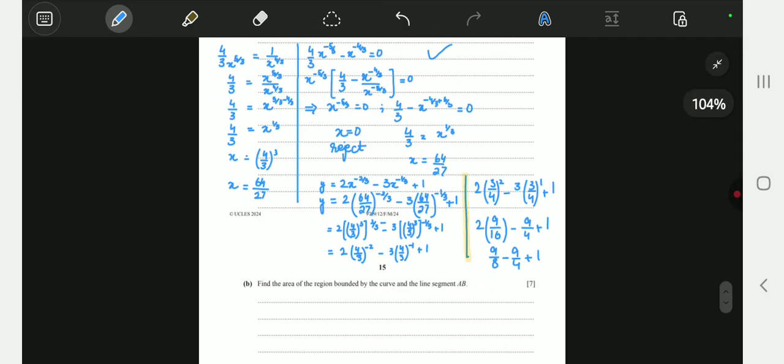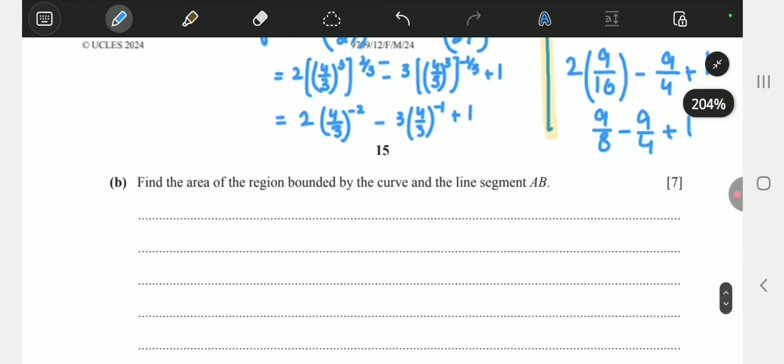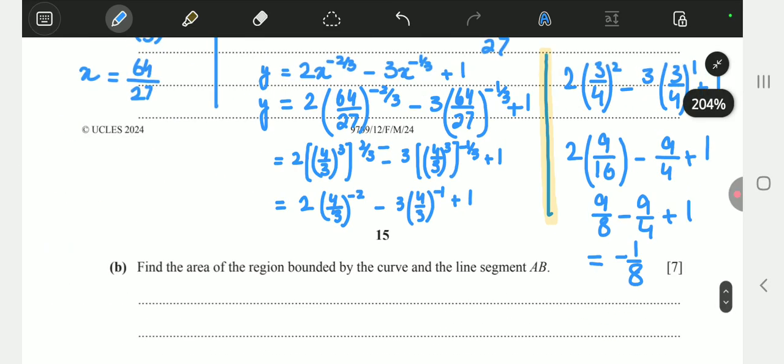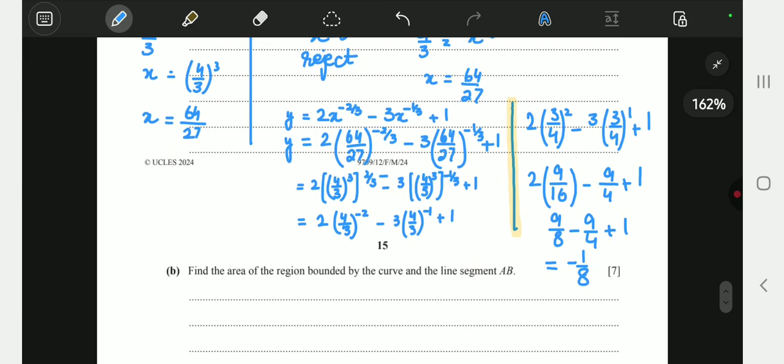You can directly do it with a calculator. Okay, you don't need to do all this working. You can just directly do it with a calculator and you will get y to be equals to minus 1 over 8. After this you will just be putting your x value.